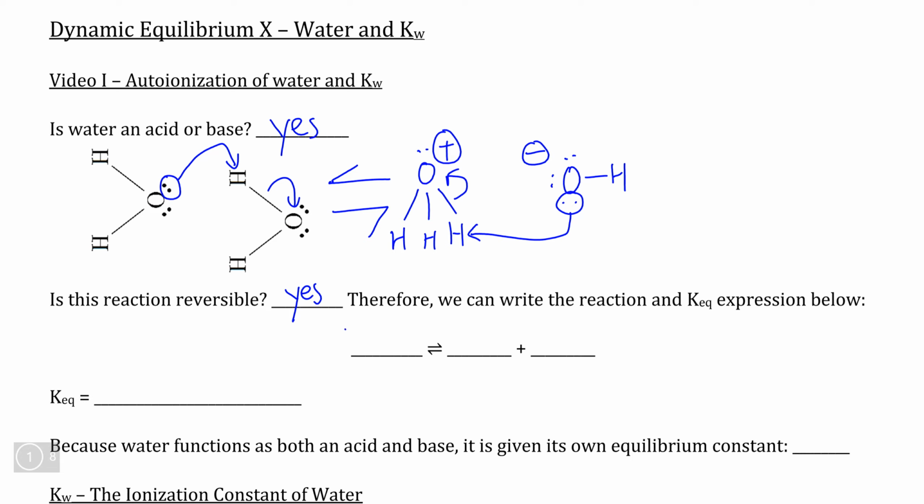Because of this, we can write an equilibrium expression as well as a KEQ formula for the reaction with water with itself, where we have as our only reactants two water molecules that exist in equilibrium with both hydronium and hydroxide ions.